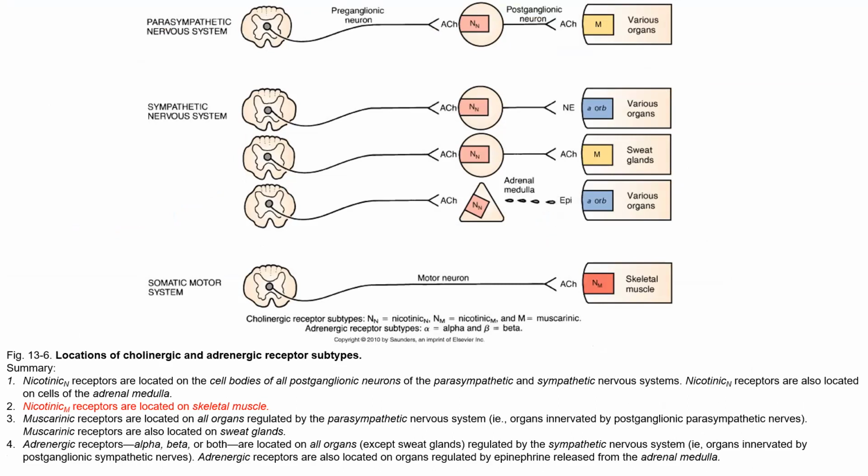The most important thing about N versus M receptors is that the nicotinic receptors are located, from this slide, at the ganglionic synapse in both sympathetic and parasympathetic divisions.